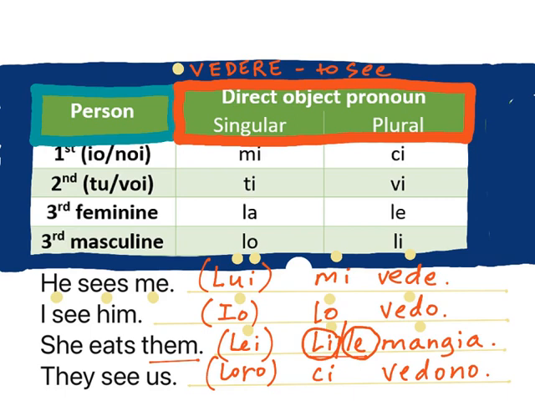The next one is loro ci vedono. Loro, subject pronoun, optional as usual, because Italian is the language of freedom. Ci is us, the direct object pronoun. Vedono is the verb conjugated according to the subject pronoun loro.